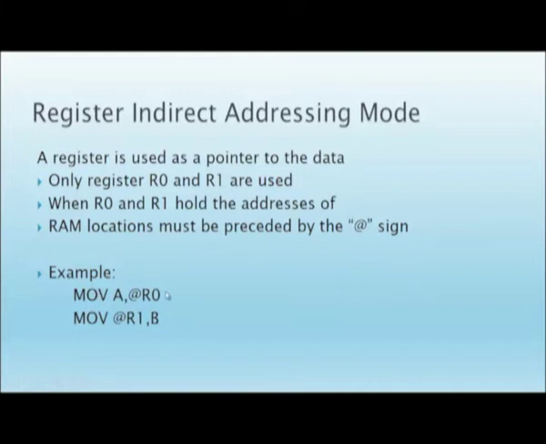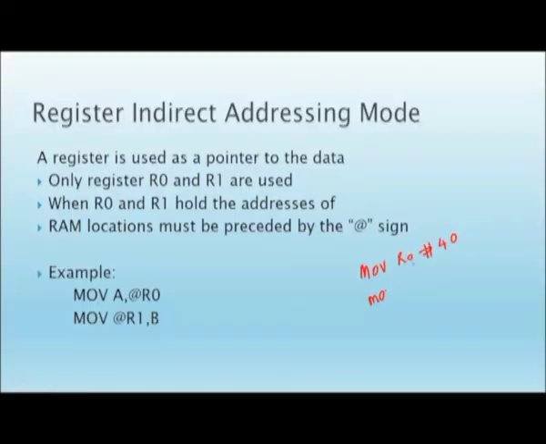MOV A comma @R0 means the content of the address held in R0 is moved to A. If MOV R0 comma hash 40 is used, the content is 40. If I use MOV A comma @R0, then 40 becomes the address, and the content of address 40 is moved to the accumulator.